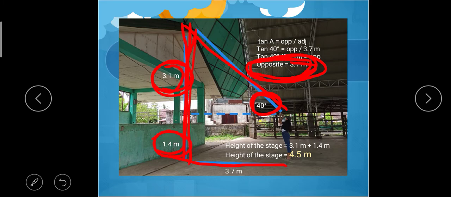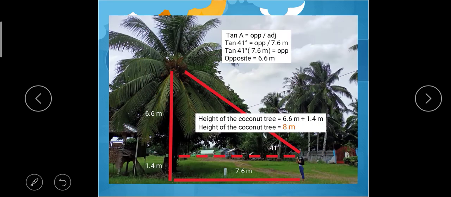So the height of the stage is equal to 3.1 meters plus 1.4 meters. So we have now the final answer, 4.5 meters.